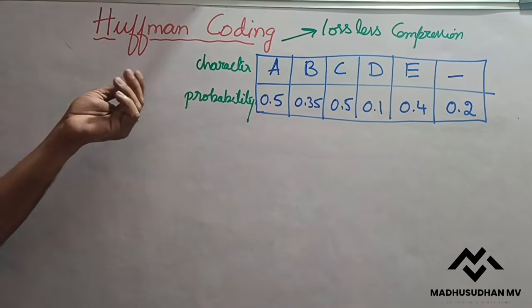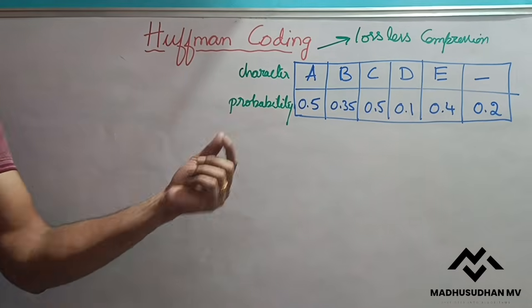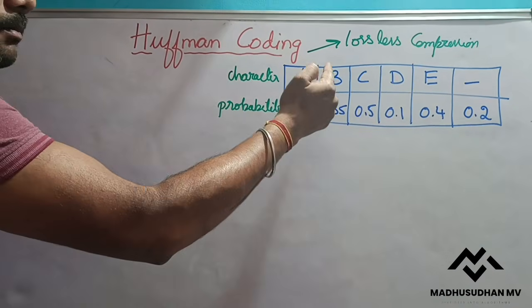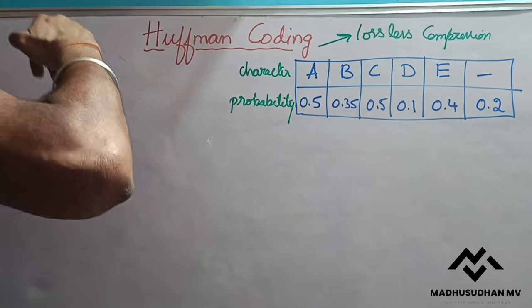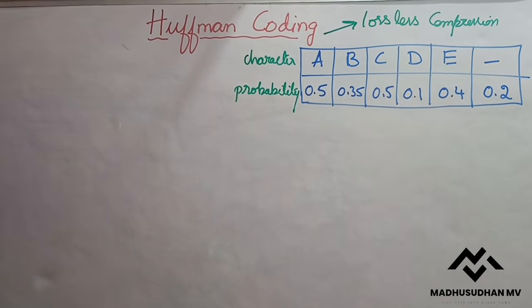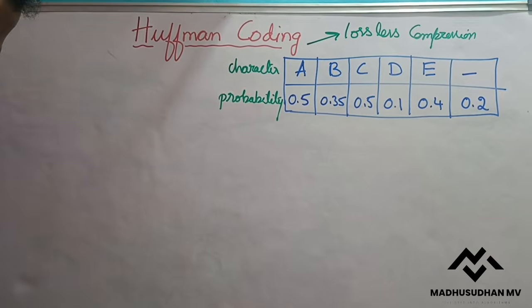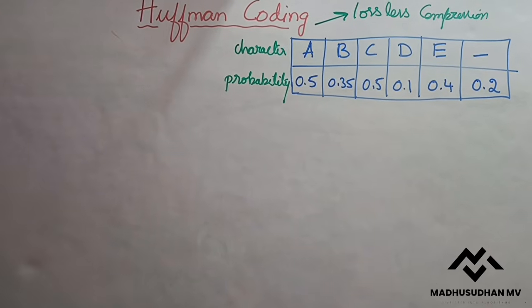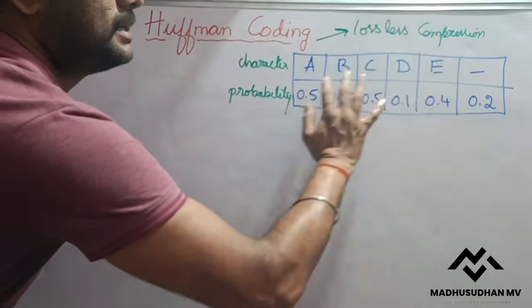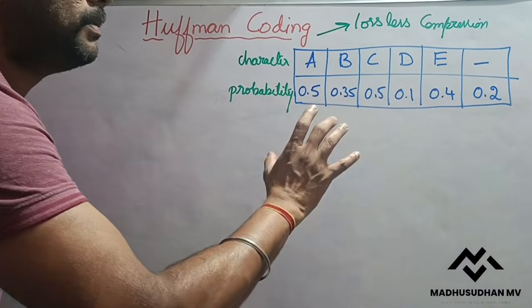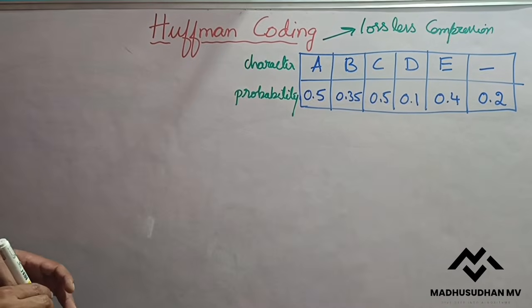Now Huffman coding generates a code for A, a code for B, a code for each and every character. For that, first we need to construct a Huffman tree. Whatever probabilities are there, I will sort them in ascending order.